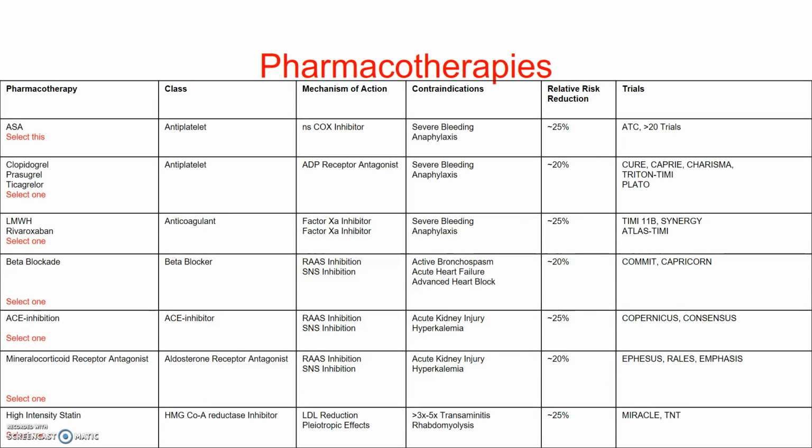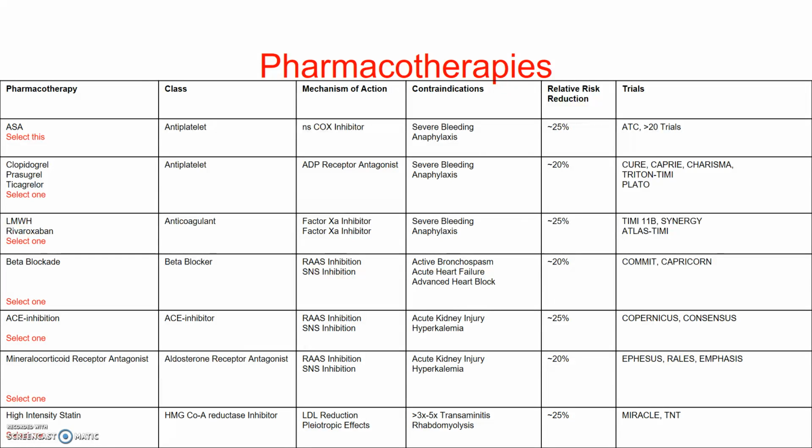Next slide is very important, and this is probably the most critical slide in this presentation, and it includes the pharmacotherapies. It is instrumental to institute all 7 of these medications as soon as possible, without delay, once there are no contraindications.